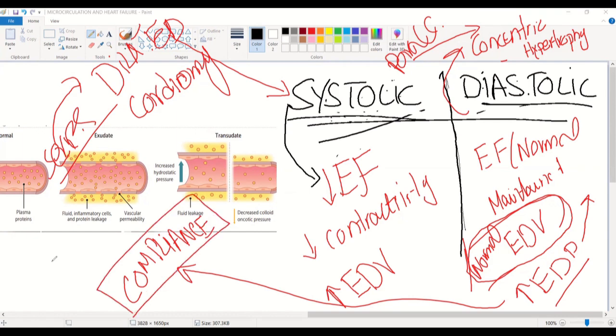What is the formula of compliance? Volume over pressure. So if the pressure is increased, compliance will decrease. If volume is increased, compliance will increase. In this case, the pressure is increased, so compliance is decreased, right?